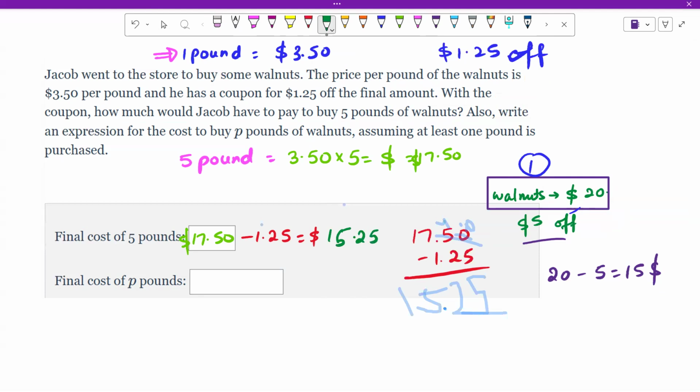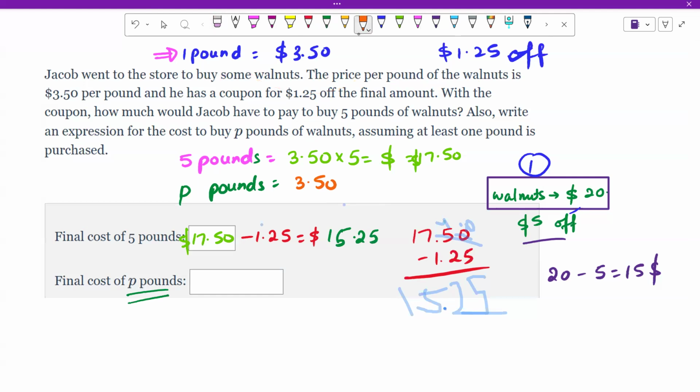Now they are saying final cost of p pounds. So what is going to be the cost of p pounds? See, the cost of 1 pound was this. What is the cost of p pounds?